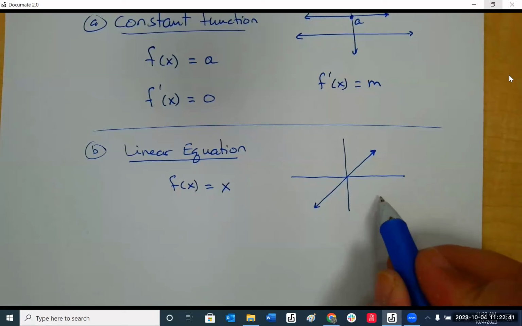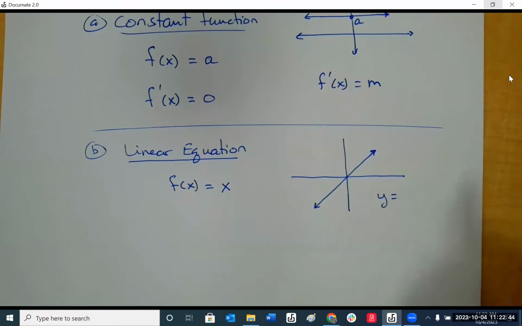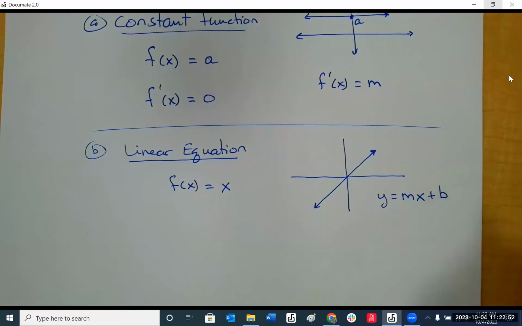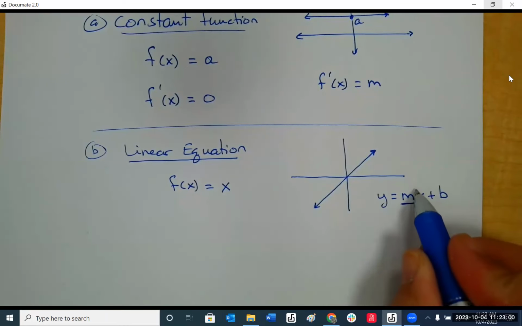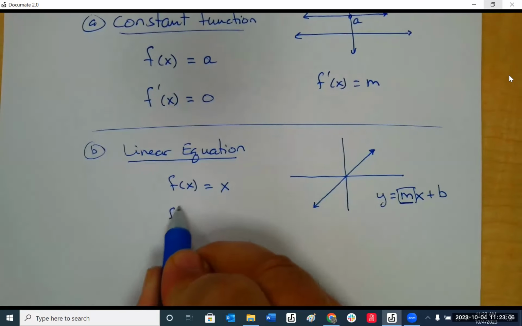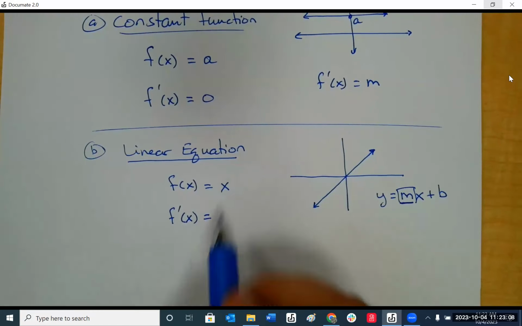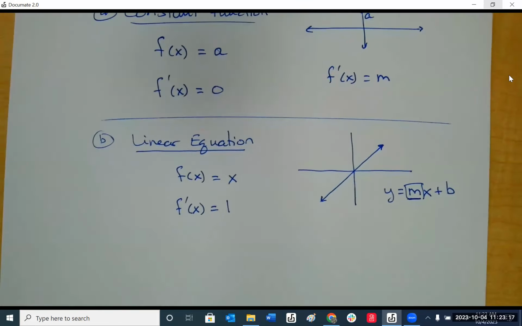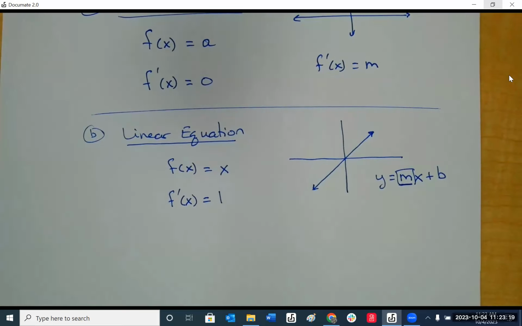And remember the slope intercept formula, y equals mx plus b. Whatever's in front of your x is your slope. So the slope of x, the first derivative of x, is 1. And I'm going to show you why in the next one.